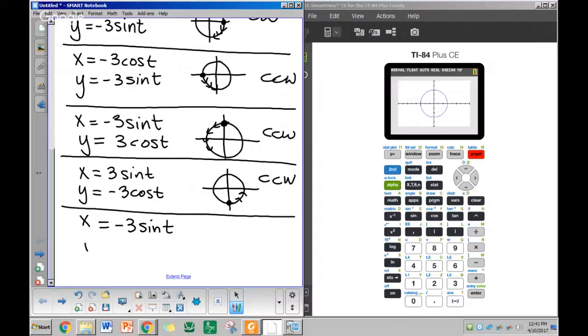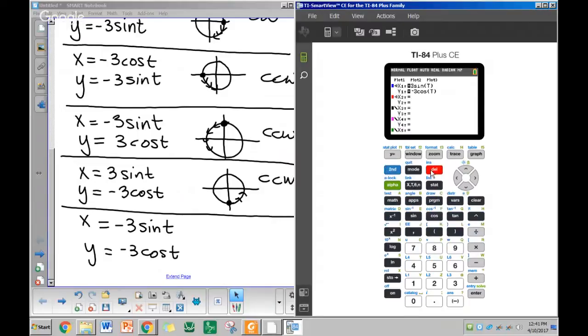Anybody got a prediction? It's going to start at the bottom and go clockwise. Let's see.